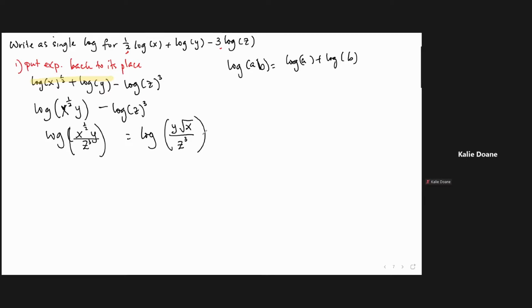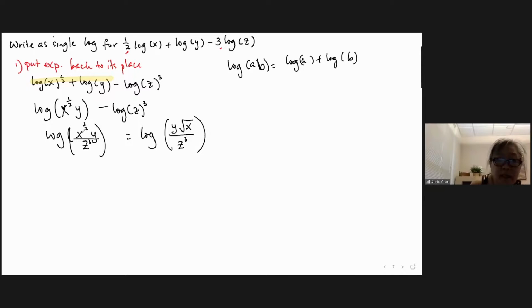Yes. And I would suggest that because x is the only one being square rooted, write the y in front. Just in case you accidentally extend the root line too long and it looks like it's covering y, but it's not, then just put the y in front.